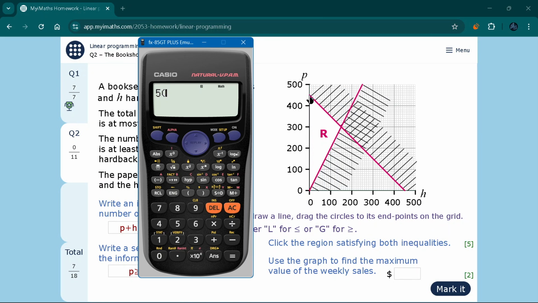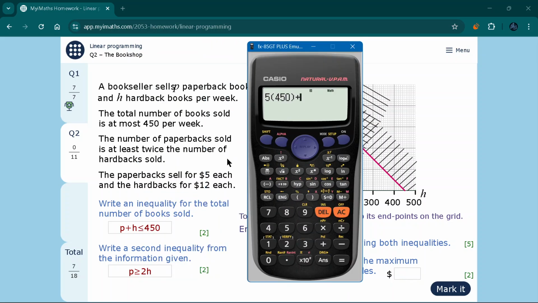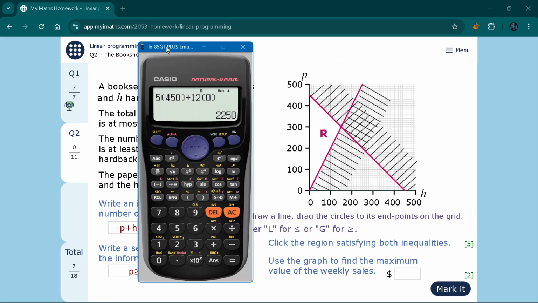Look, if we sell only paperbacks, that's 450. That is this point here. That would mean for $12 each, we will sell 0 hardbacks. So that will give us 2,250.